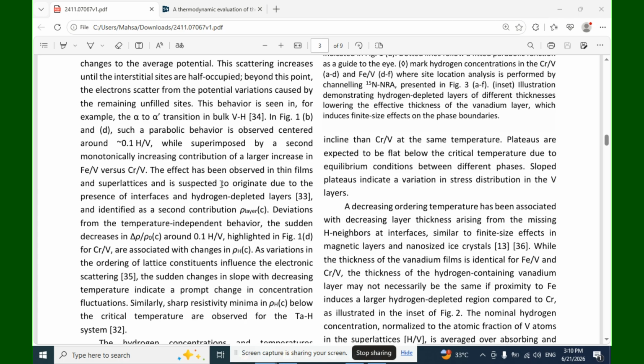The deviations from the temperature independent behavior, the sudden decreases in delta rho per rho 0 around 0.1 H per V highlighted in figure 1d for chrome V, are associated with changes in rho hc. As variations in the ordering of the lattice constituents influence the electronic scattering, the sudden change in the slope with decreasing temperature indicates a prompt change in concentration fluctuations.